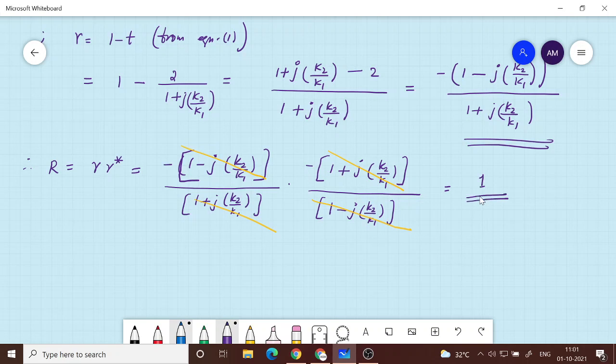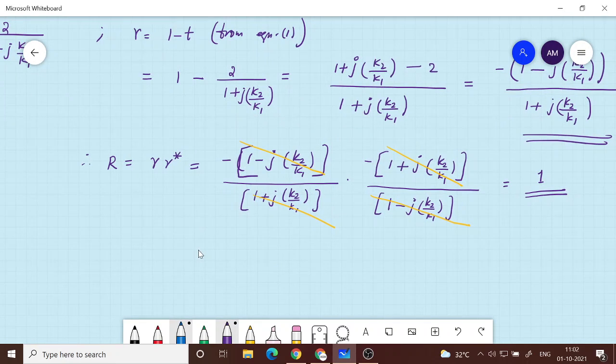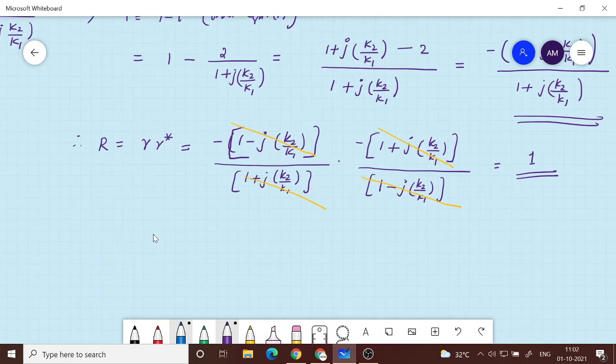What does that mean? It means that the particle is going to be completely reflected back from the barrier, and therefore the reflection coefficient is 1. Similarly, we can find the transmission coefficient, which is basically 1 minus R, which is 1 minus 1, equal to 0.